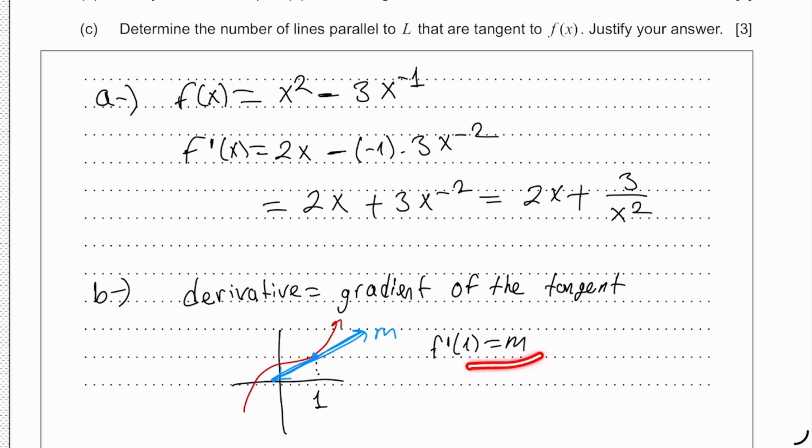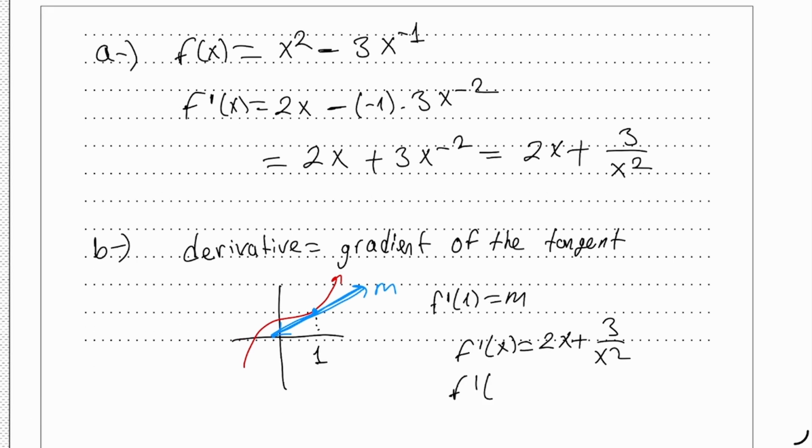But f prime 1 equals the gradient. So this is our function, f prime x equals 2x plus 3 over x squared. f prime 1, 2 plus 3 over 1 equals 5, right? So the gradient is 5.